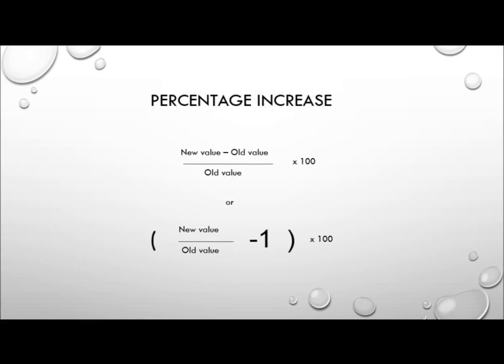So again, with the percentage increase, it's just the new value minus the old value divided by the old value multiplied by 100. Or you might see it as new value over old value minus 1, all multiplied by 100. The two approaches are mathematically identical, so you pick whichever makes the most sense to you, whichever's easiest for you.